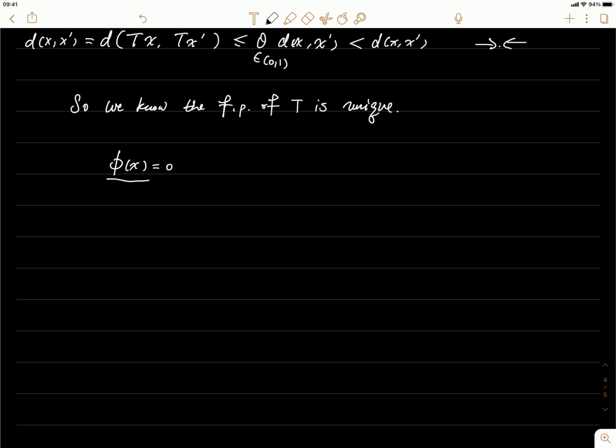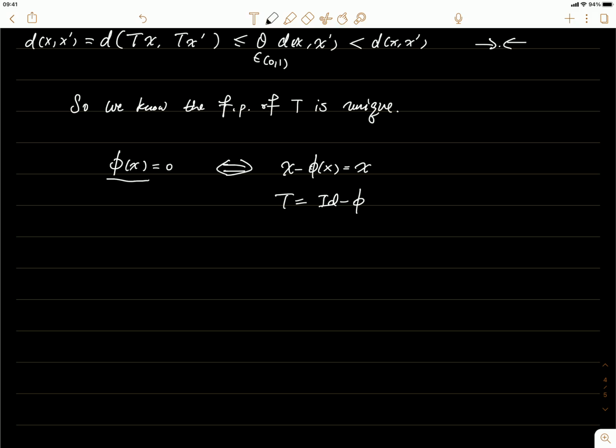And in this case, finding the solution of this is equivalent to, say, I add x on both sides, or subtract x on both sides. It's like this, right? So if I define my T to be the identity minus phi, then finding the solution x of phi is equivalent to finding the fixed point of T.